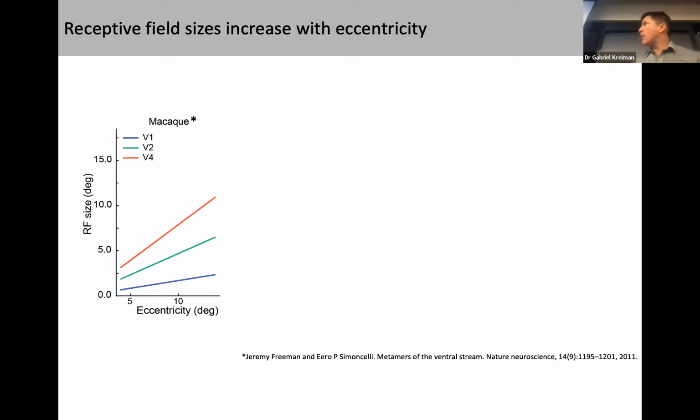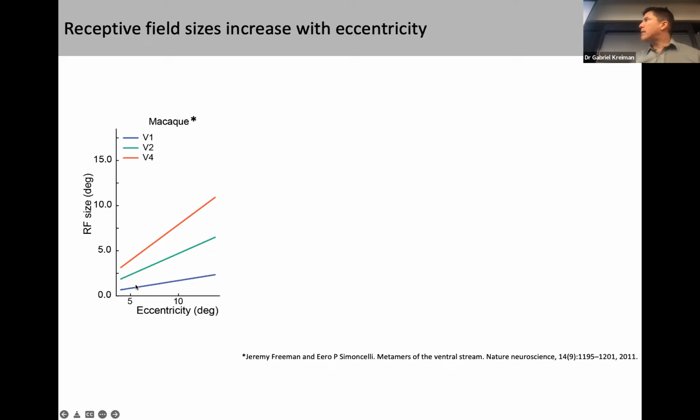So that's within one of these lines, within one of these colors, and that's within a visual area. In addition to that, we have multiple visual areas. You can imagine different layers in a deep convolutional neural network. So here you have data from V1, data from V2, data from V4. These are three different parts of ventral visual cortex, and this is the receptive field size in degrees of visual angle.